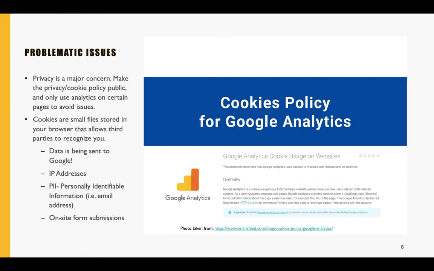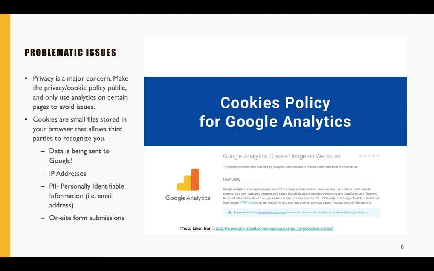There are some issues that come along with Google Analytics. The most problematic concerns are with privacy. Google collects cookies in order to create data evaluations, and this is sent to Google as well. Cookies are small files stored in your browser that allow third parties to recognize you. For example, one piece of information that is collected is a user's IP address.